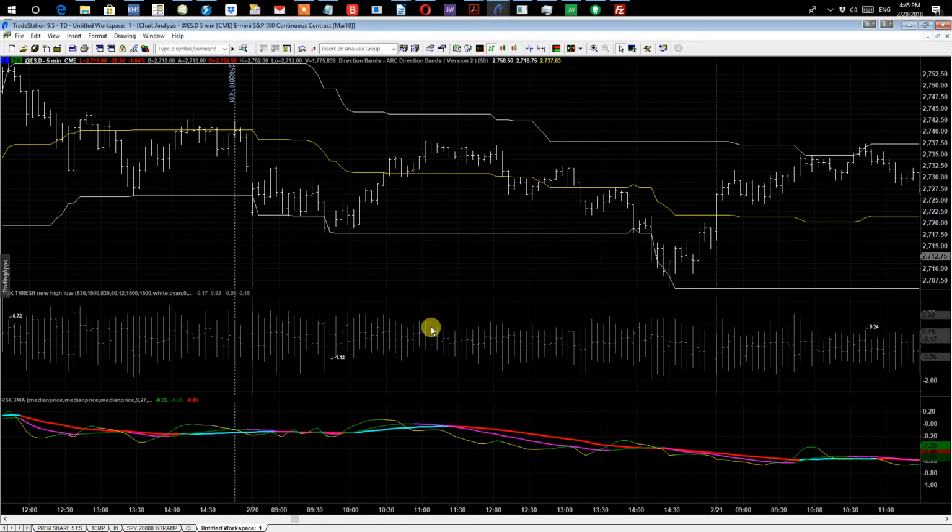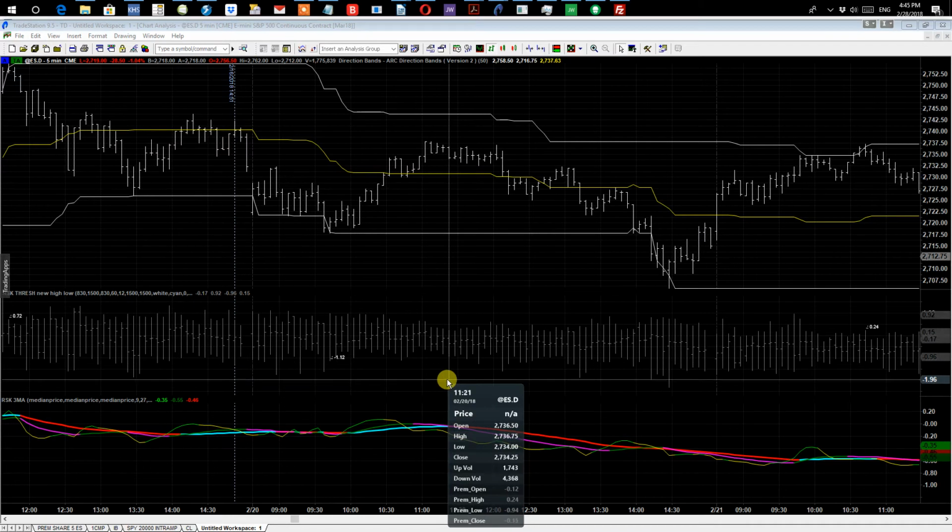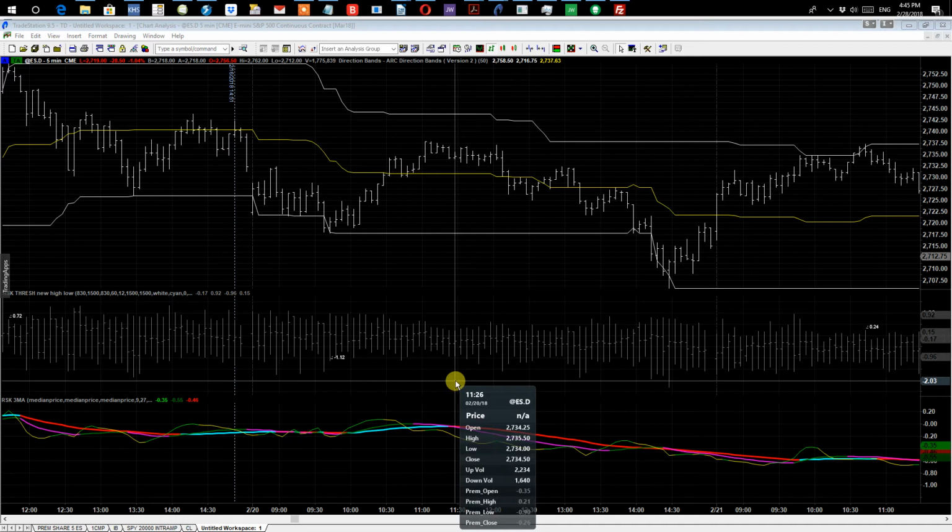And now look at how the next bar has really dropped. The highs of the bars have dropped, and you're getting lower highs and lower lows. It's corresponding. But now you get a little divergence, a little more divergence.